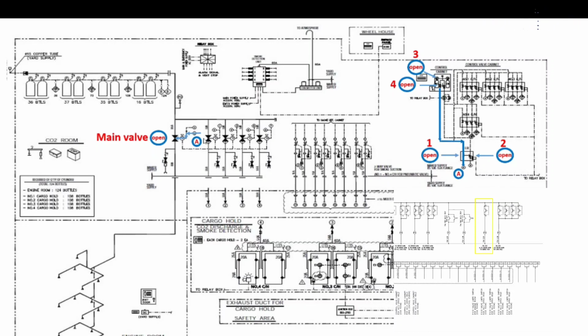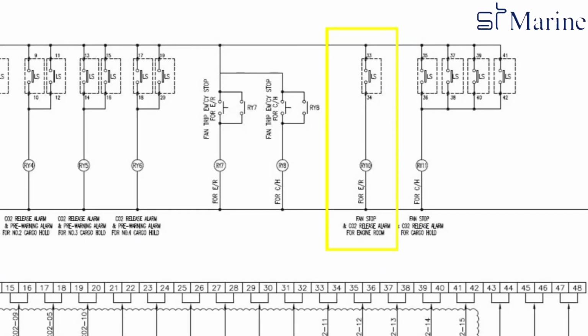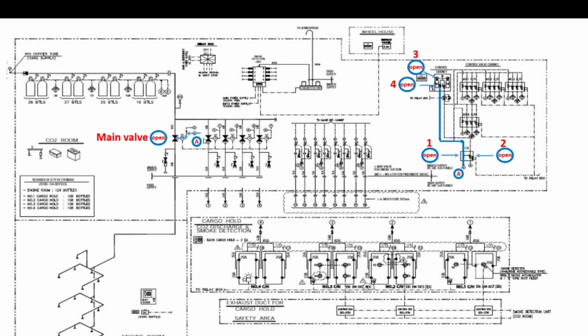Here you can see the electrical circuit drawings indicating that the engine room ventilation fan will be automatically stopped, which will be done by the main valve limit switch.